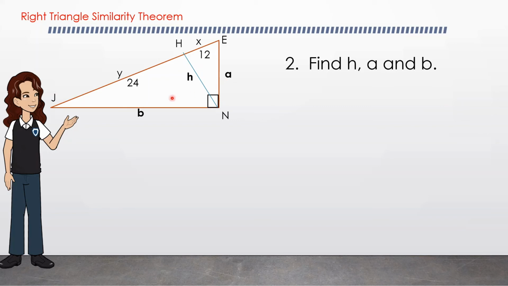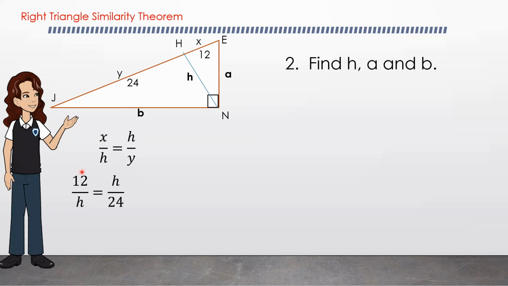First, we need to get the geometric mean of the two triangles. So, this is X over H. Okay? X over H is equal to H over Y. Okay. So, substitute the values. So, what is X?